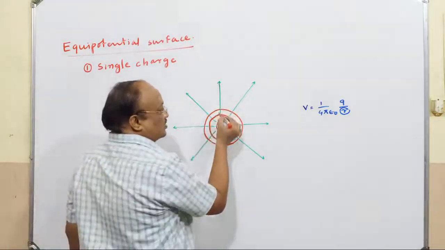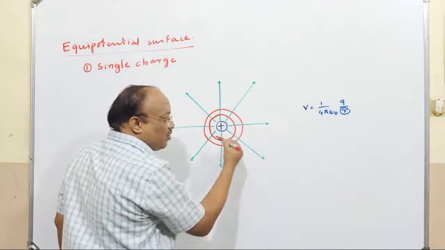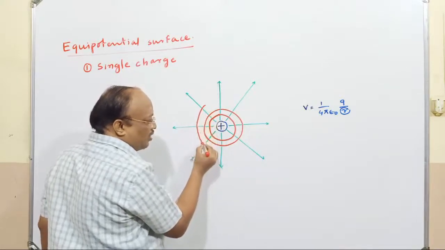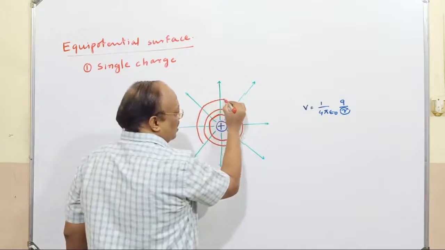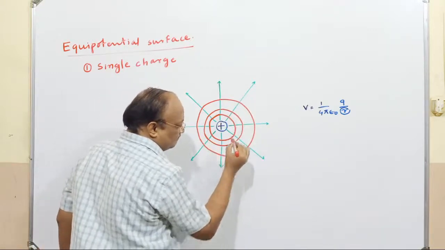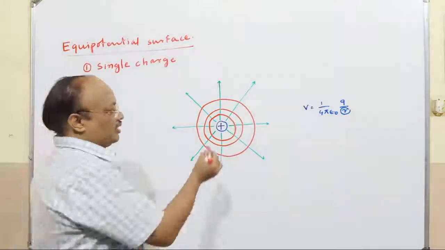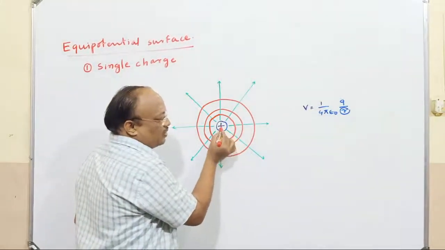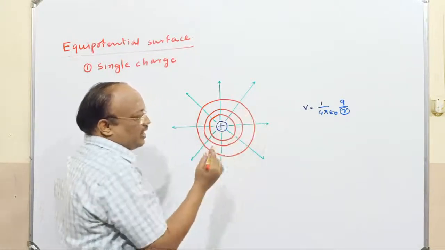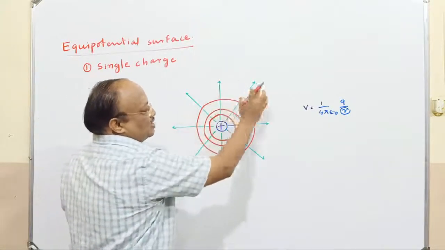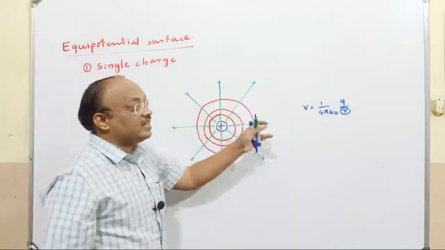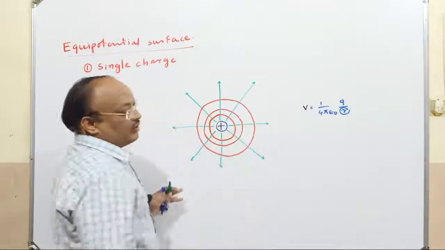And as the field decreases, yesterday one more property I have mentioned. If this is 2 centimeter from here, this is 4 centimeter from here. You can see the electric lines of forces spreading away shows the field is decreasing as we move away.